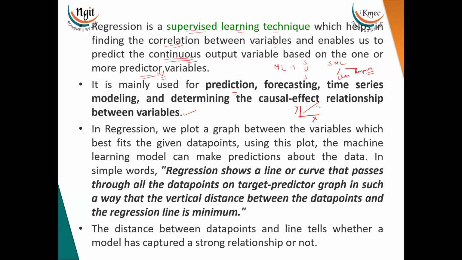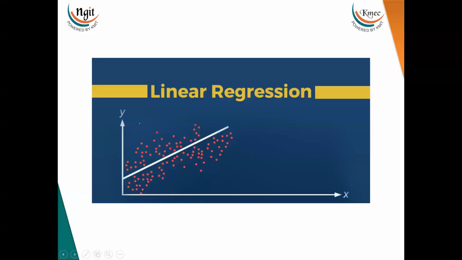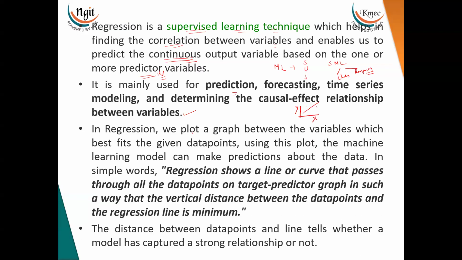When you calculate the actual and predicted values, the distance between them should be minimum for the regression line. That is the concept behind regression. See, this is just a diagrammatic representation of a regression that we will discuss in the coming slides. The distance between these data points and the line tells whether a model has captured a strong relationship or not.